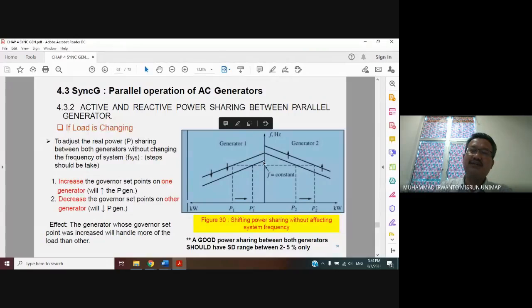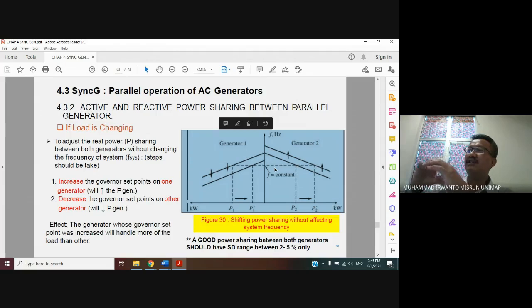In the first operation, generator 1 serves active power P1 and generator 2 serves active power P2, and the frequency remains at a constant level. Then, for example, suddenly the active power of the load changes, and the change will be shared between generator 1 and generator 2.